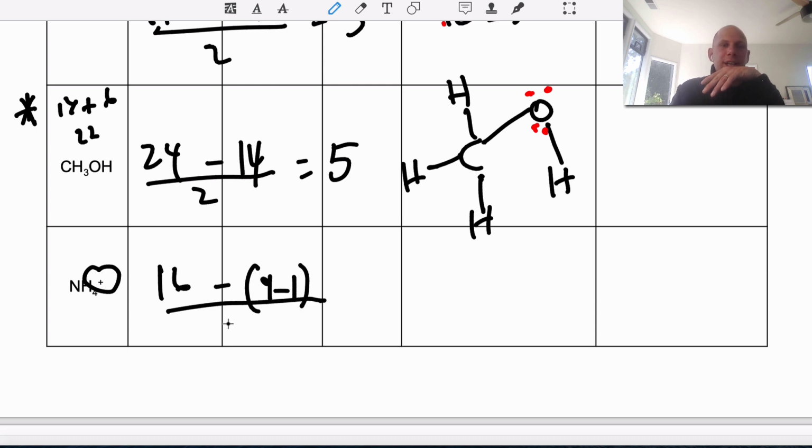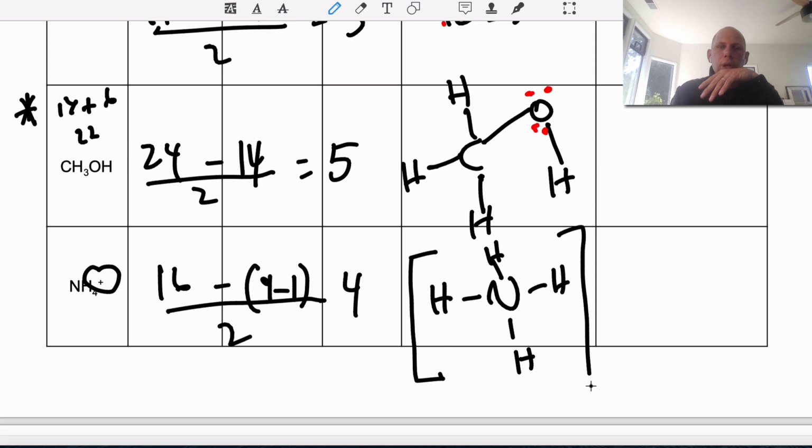So 16 minus 8 divided by 2 is 4. N, H, H, H, H. Okay. Does everybody have what they want? So N 2, 4, 6, 8, N's good. H 2, 2, 2, 2, that's good. Okay, and we're going to put it in parentheses and put that plus at the top.